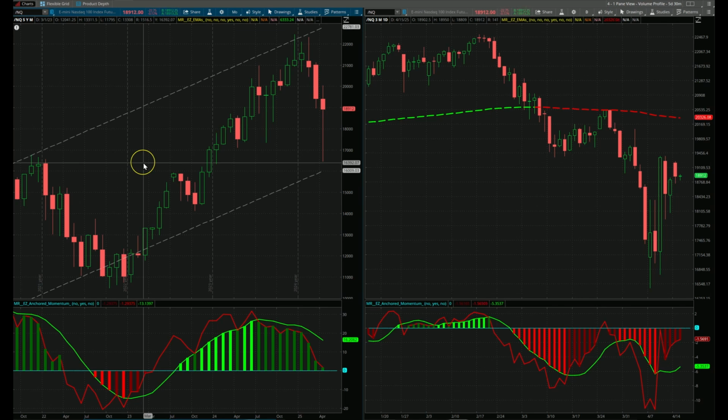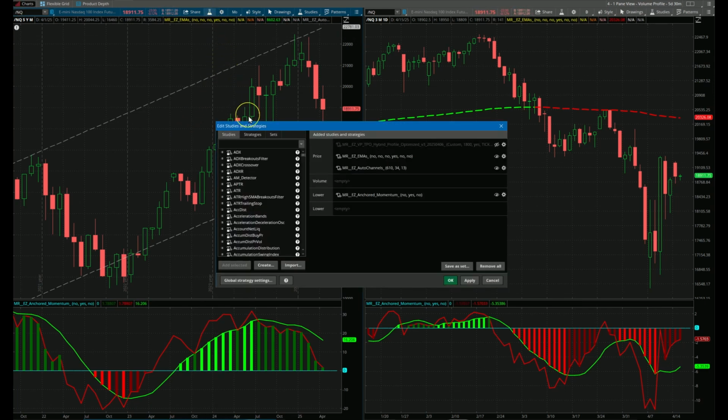Now, what else did I not put on here that I could put on here just to look at? I don't think I planned on doing it. I wish I could do volume profile on a monthly chart, but I can't. Adaptive trend flow.